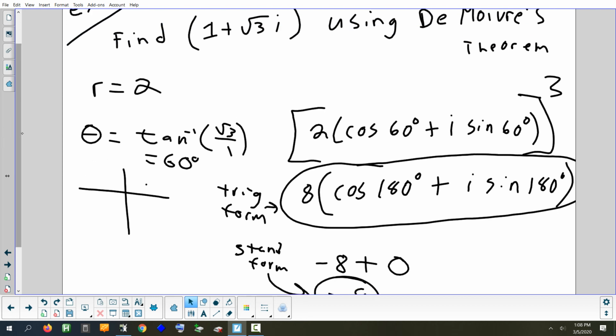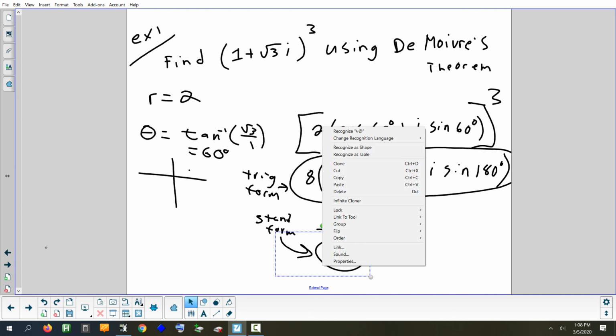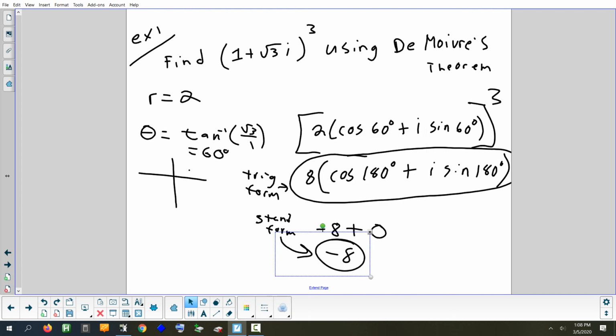Okay. So now to kind of make a connection between this and what we're going to get to next. We cubed that, and we got that. How could you undo this and get that back? Take the cube root. So if you take the cube root of negative 8, you might be thinking, well, isn't the answer negative 2?